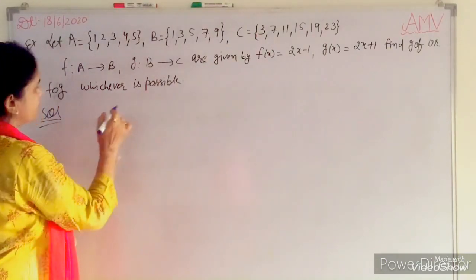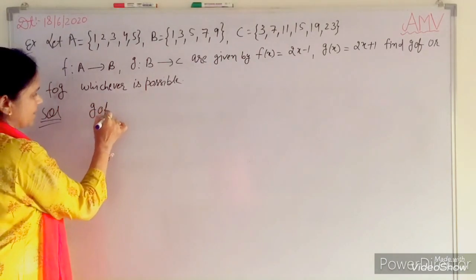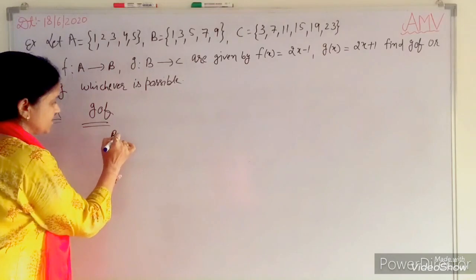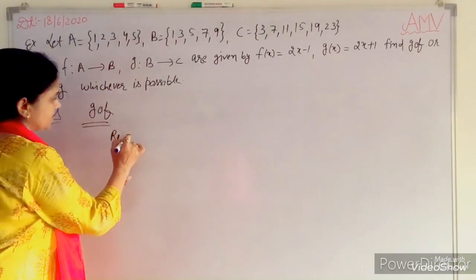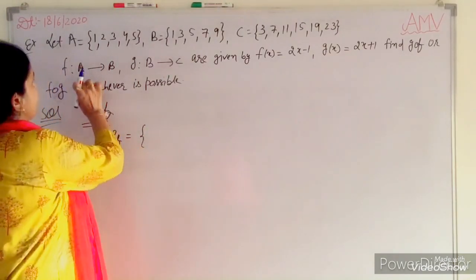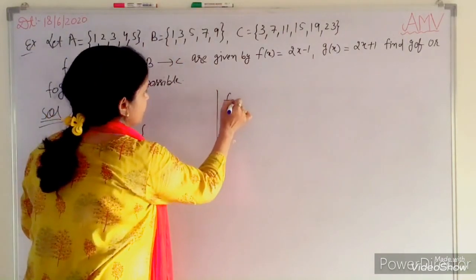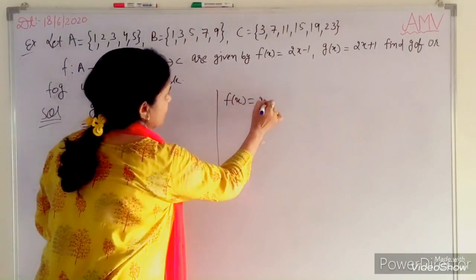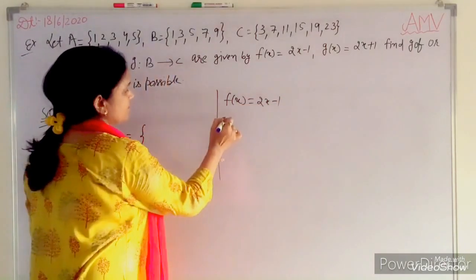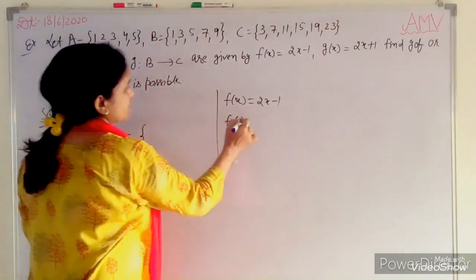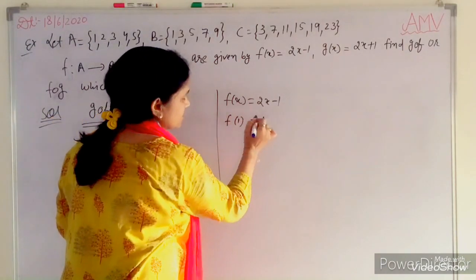First we check for gof. For gof we find the range of f. Here f is defined from A to B, student, and f(x) is 2x minus 1. To find the range, if I take x as 1, the image of 1 is 1.